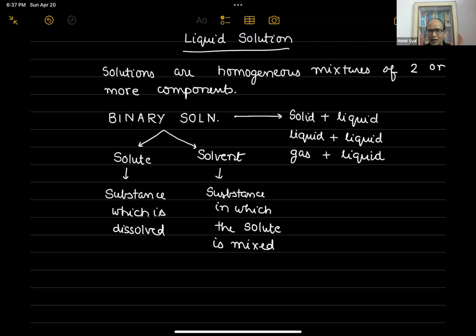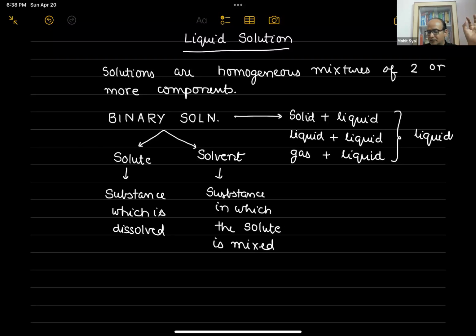This chapter deals with liquid solutions, which means there are solid solutions also, you know. For example, alloys. Alloys are solid solutions, a solid mixed into another solid. Okay. So in this chapter, we are mostly targeting liquid solutions. These are binary solutions.